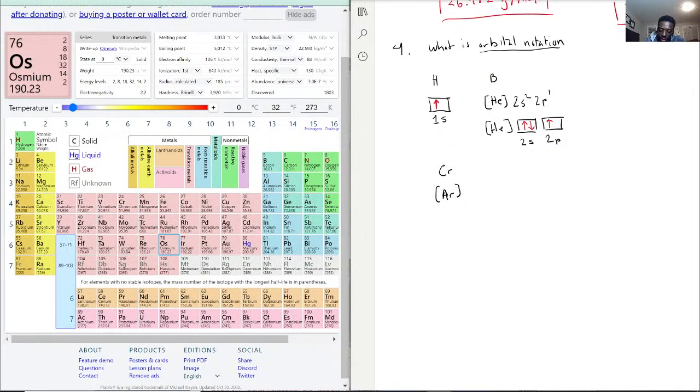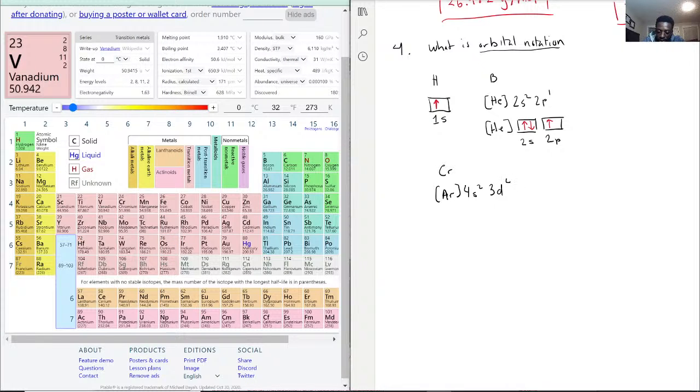So it has 4s2, because now we're in the next row. And because we're dealing with the D row now, it'll be 3 because you have to subtract by 1. D 1 2 3 4.